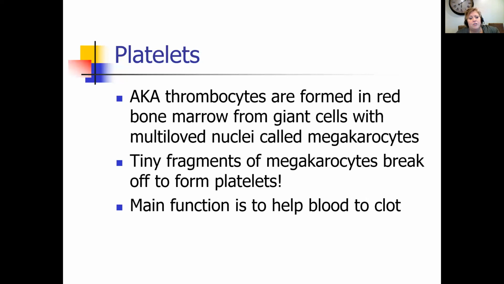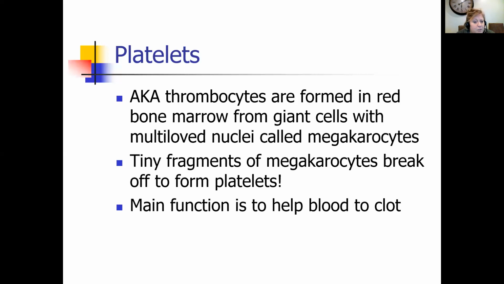The platelet is also known as thrombocyte, and these are formed in the red bone marrow from giant cells with multi-lobed nuclei called megakaryocytes. And if you look at the picture in the bone marrow, this hematopoietic stem cell becomes a megakaryoblast and then a megakaryocyte, which has the tiny and numerous lobes of the nuclei.